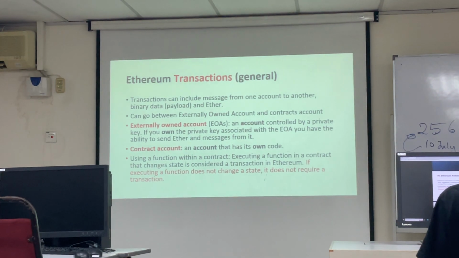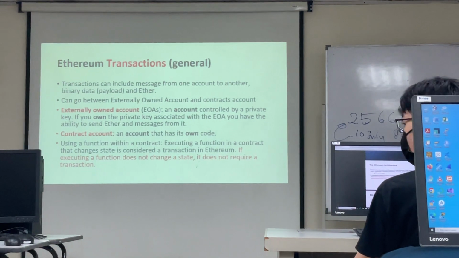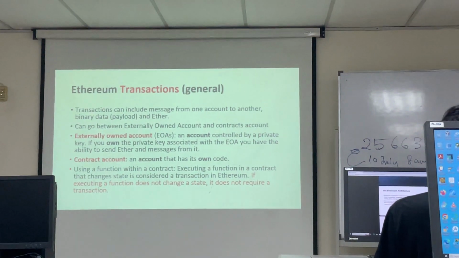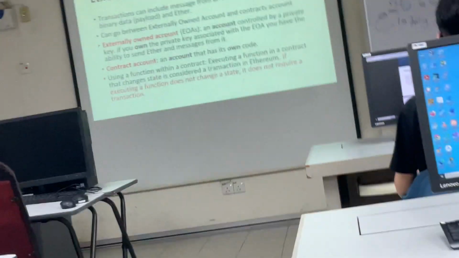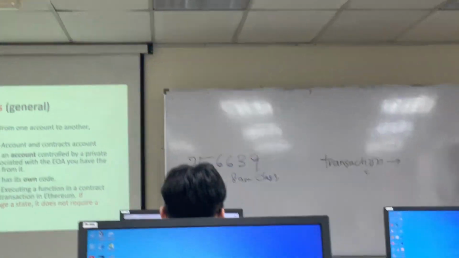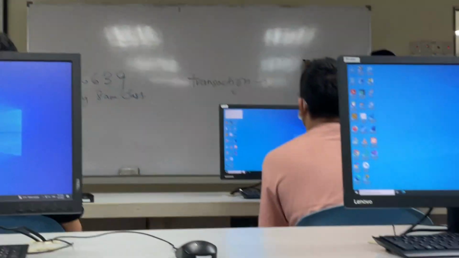Now, after you understand the account already, we are talking about transaction. How to determine a transaction? Because we said that when you are executing the transaction, they will be charging for the gas.